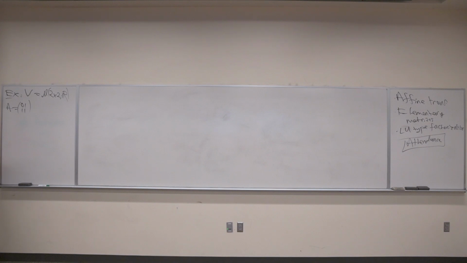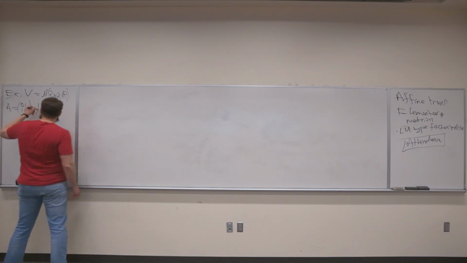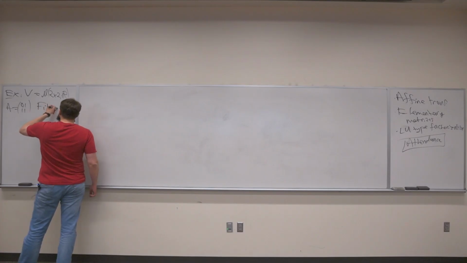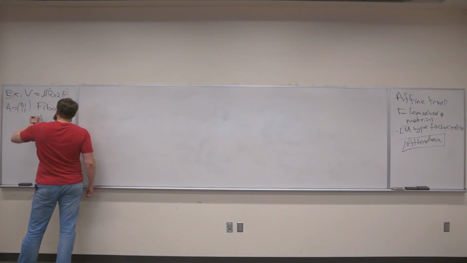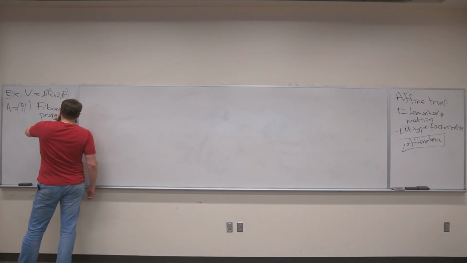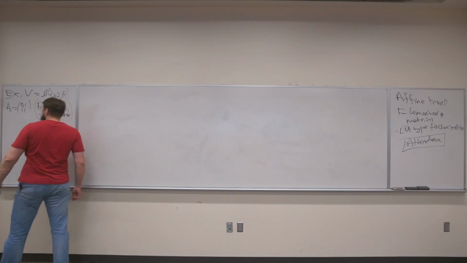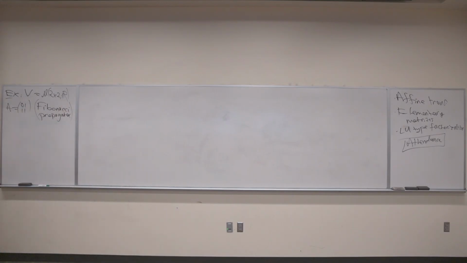This was the Fibonacci propagator, if you remember from week 1. We had this Fibonacci rabbit model, and based on our assumptions, this was the matrix that we had to apply to state n to get state n plus 1. That's why I'm calling it the propagator.